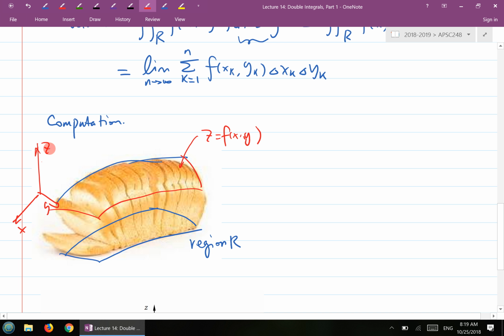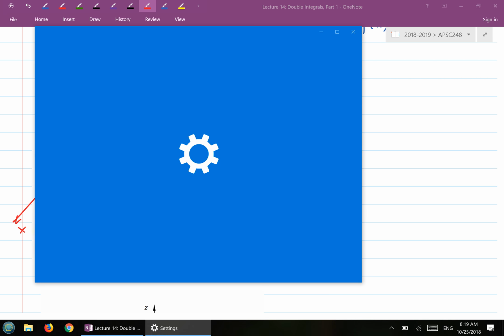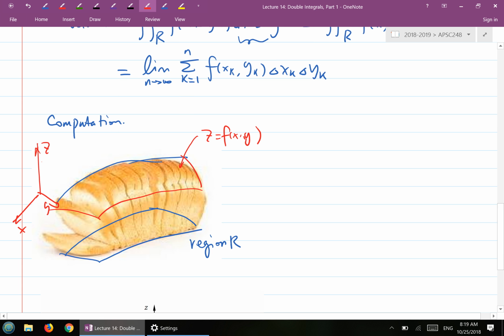So now the rest of the work is, let's calculate. And it just happened to be already cut into little pieces. So this basically becomes a divide and conquer type of task. You can calculate the volume of each piece, and then you add them up, then you get the total volume, right? Instead of using the double integral, basically. So that's actually the idea of calculating this double integral here.